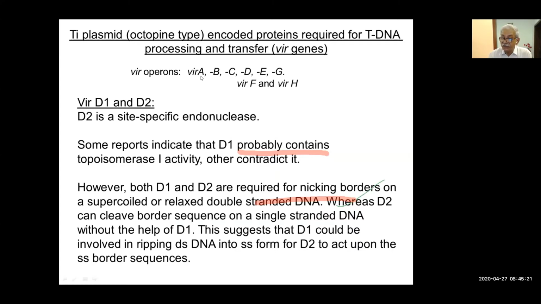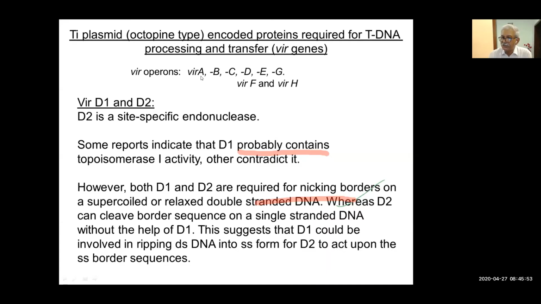Vir-C interacts with the overdrive sequence to increase the efficiency of Vir-D2 for producing the nick on the Ti plasmid for generation of a single-stranded tDNA. Out of VirD, VirD1 and VirD2 are associated in the same function, but the cut is actually produced by VirD2.